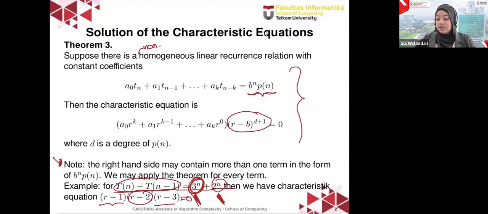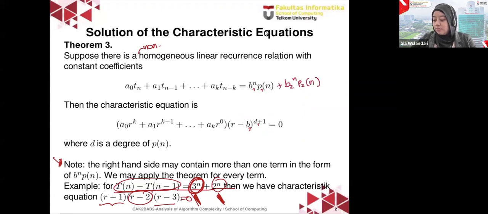So in general, if you have, let's say, this is B1, this is P1, then it will be r minus B1 to the d1 plus 1, where d1 is the degree of the first polynomial. But if you have another term, then you will have another factor, r minus b2 to the d2 plus 1.